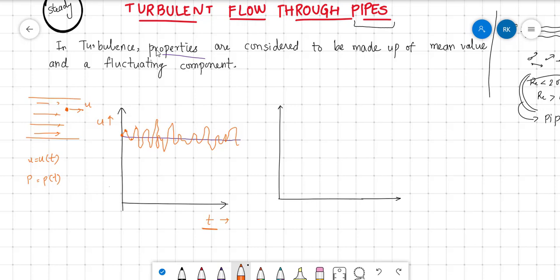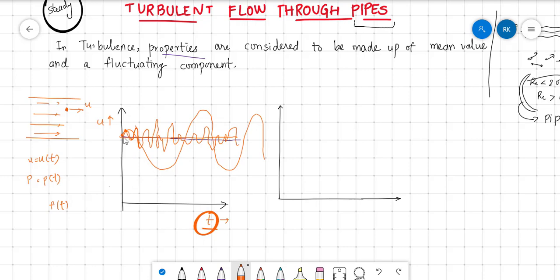But as this is fluctuating and is a function of time, how can we say that it is a steady flow? We can say that it is a steady flow because this fluctuation is random and has a mean value. If the fluctuation is like this, it means there is a particular motion and a particular function of time, and that is unsteady flow.